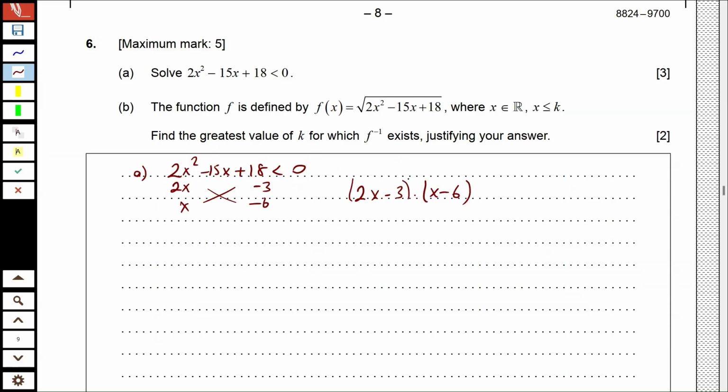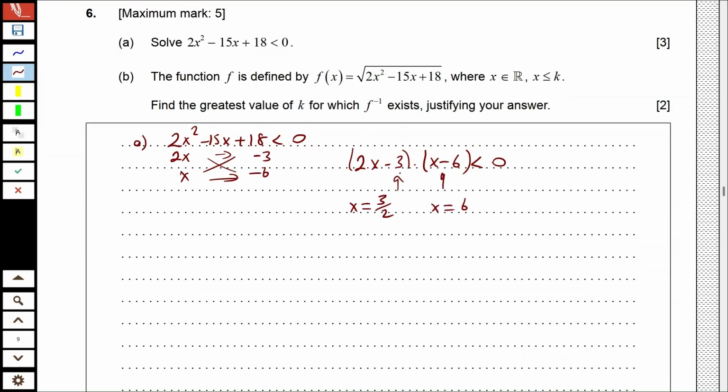So when you decide to write out the factors, you need to write them in a straight way. It should be less than 0, and I need the zeros of this quadratic, which are 3 over 2 and 6. And we are drawing the sign table.